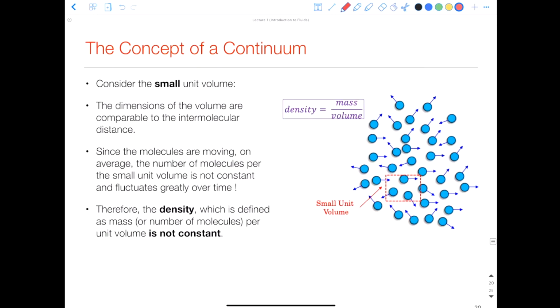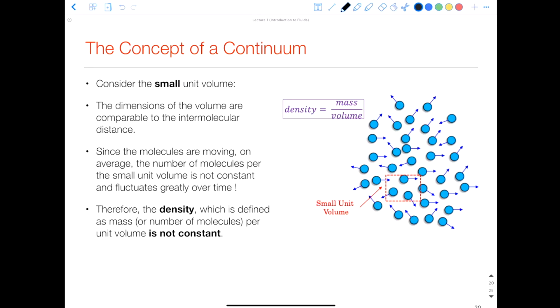The last short section before we take a break is the concept of a continuum. Another fundamental assumption that we're going to be making in order to do all the analysis throughout this course, and basically all fluid mechanics, is that we're going to consider a small unit volume, and the volume is going to be representative of the bulk material or properties.